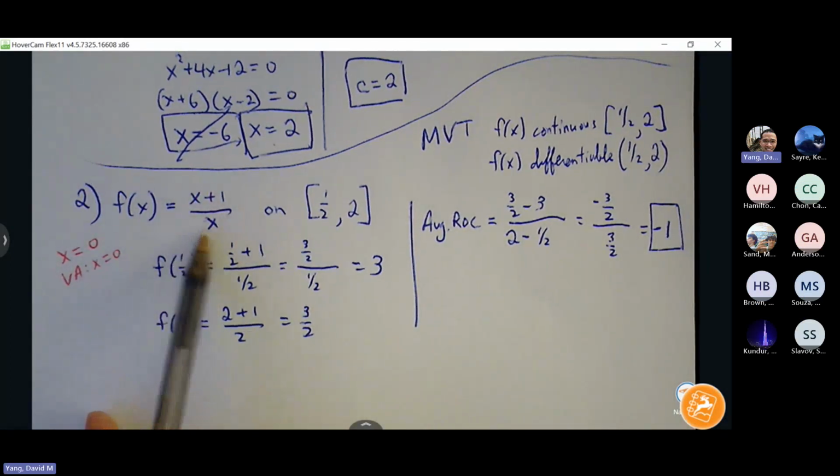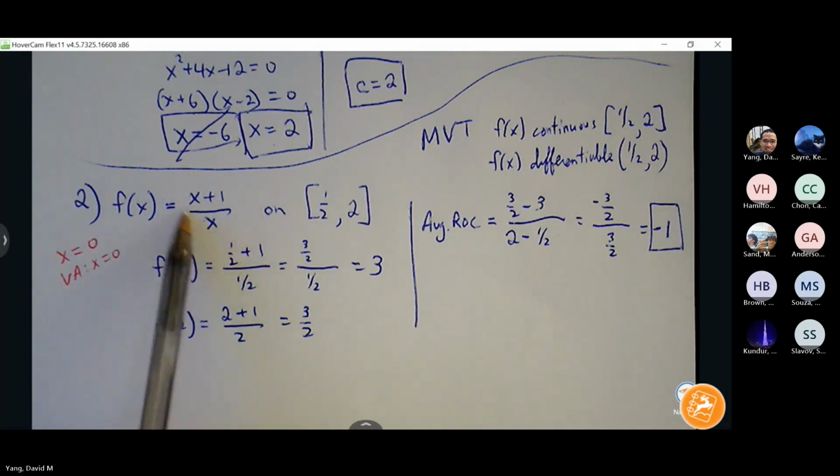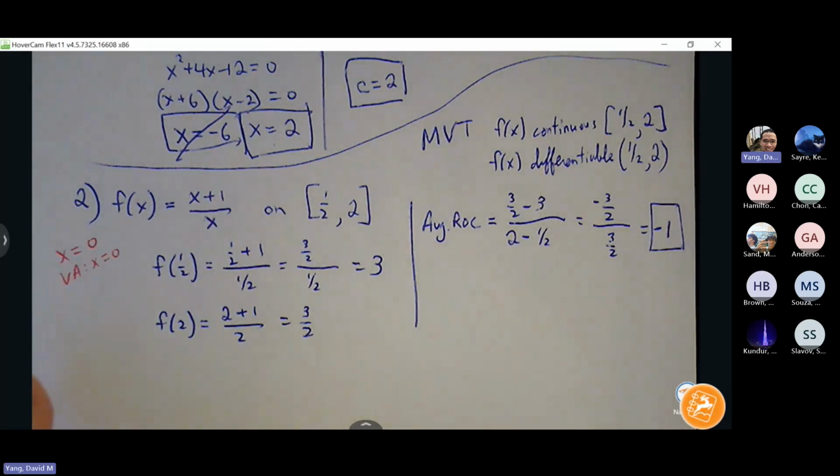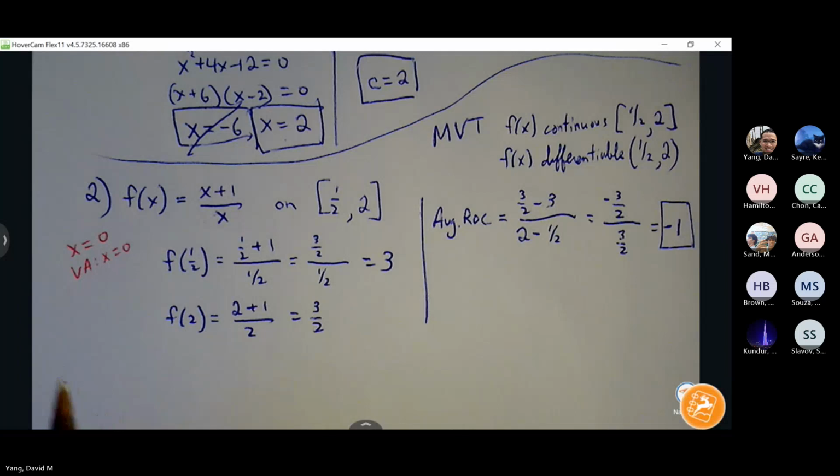Find the derivative. Now we could go through, we'll go through quotient rule here for number 2.